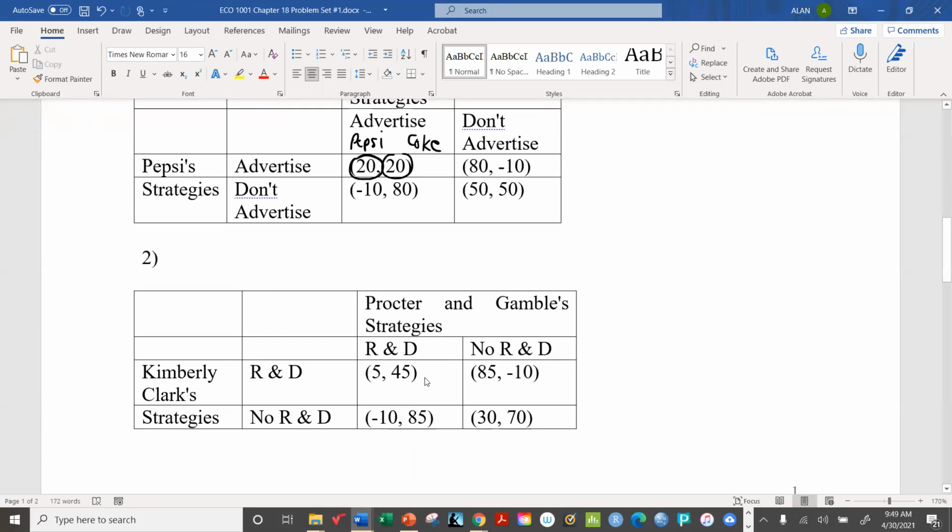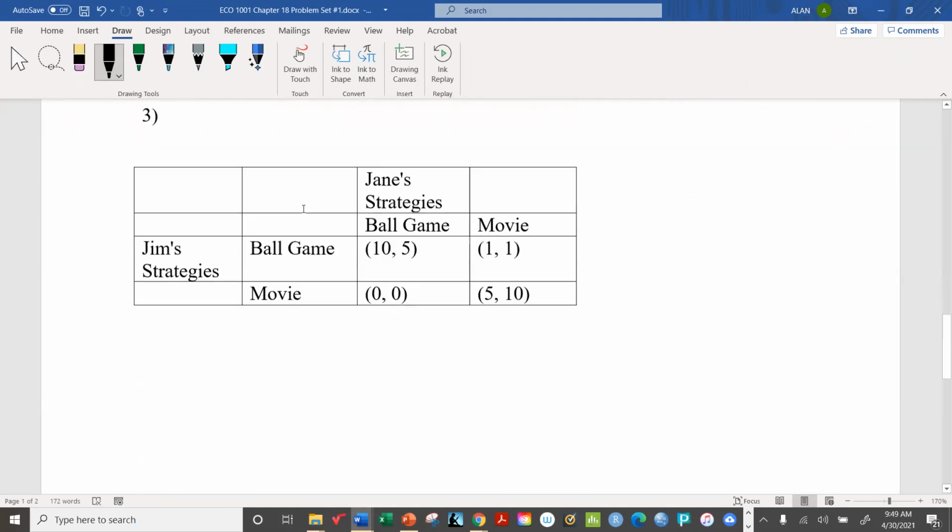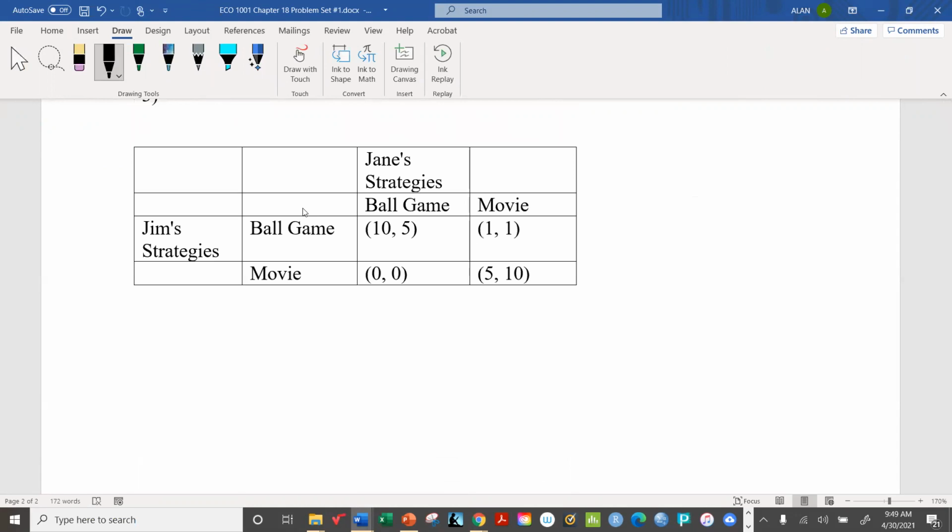Down here, Kimberly Clark is the first number, and the second number is Procter & Gamble. And then down here in the third question, the first one is Jim, and the second one is Jane. So you can see, in other words, the first one is always whoever's on the left, and the second one belongs to whoever's on top.